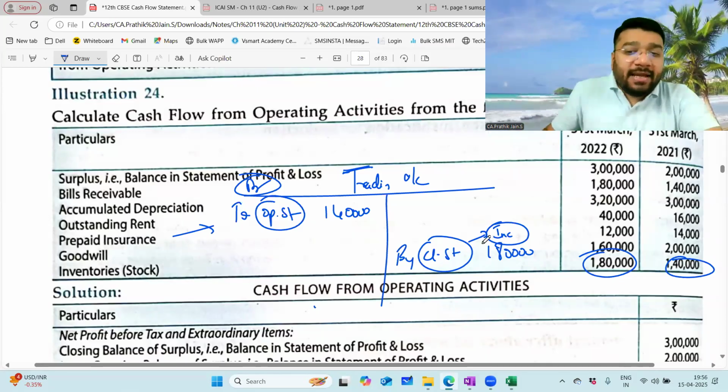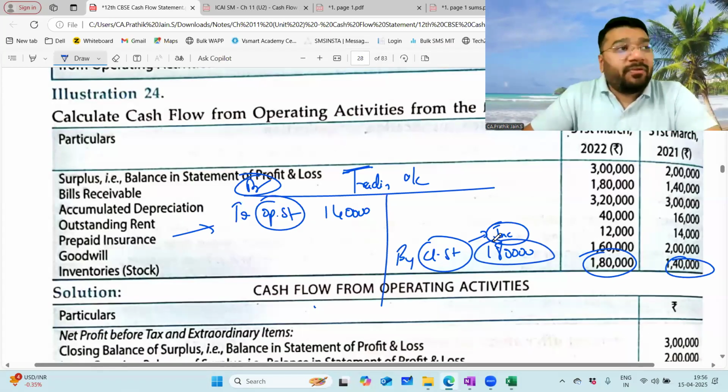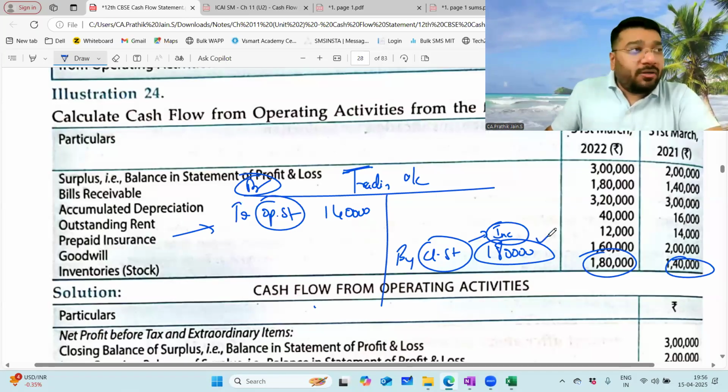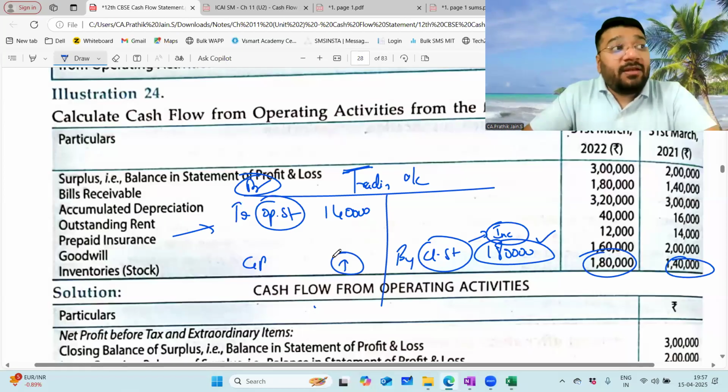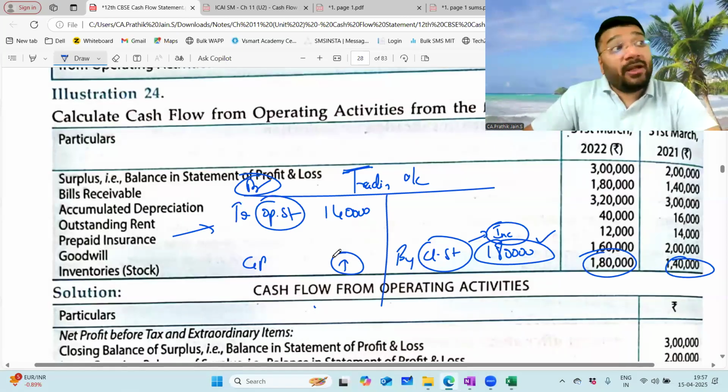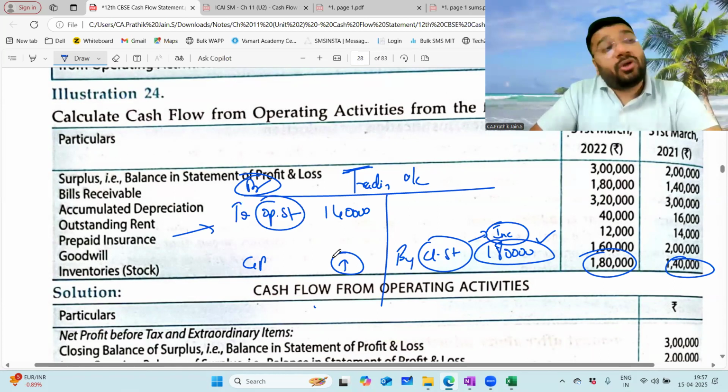Closing stock means 1,80,000 worth of goods which is yet to be sold in the business. If I record closing stock, will my gross profit increase? If I don't record closing stock, there will be one gross profit. If I record closing stock, will my gross profit increase or decrease?